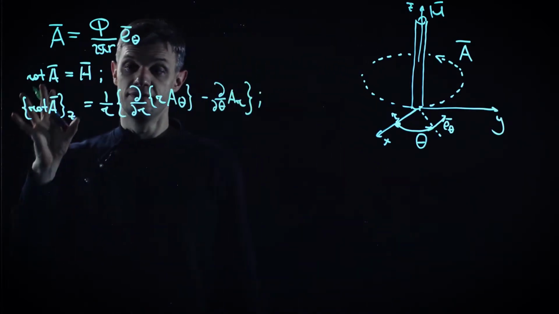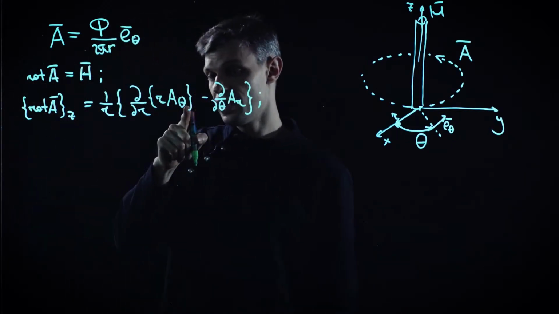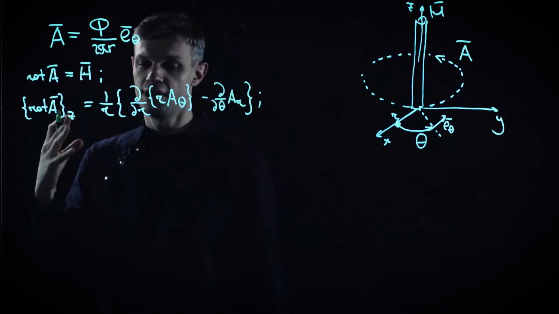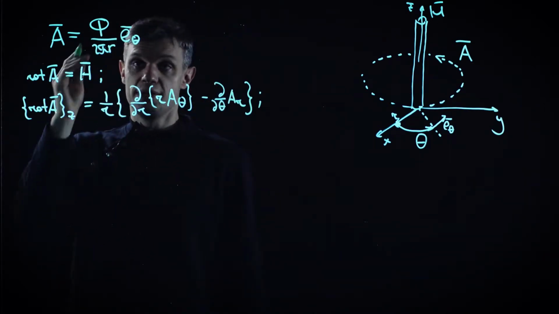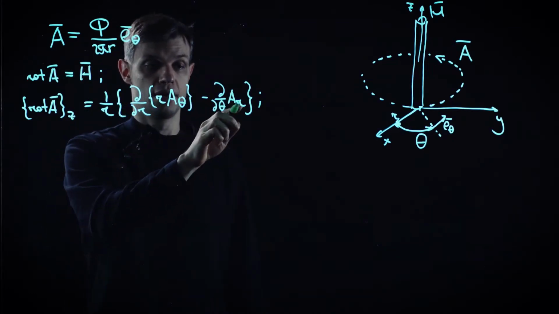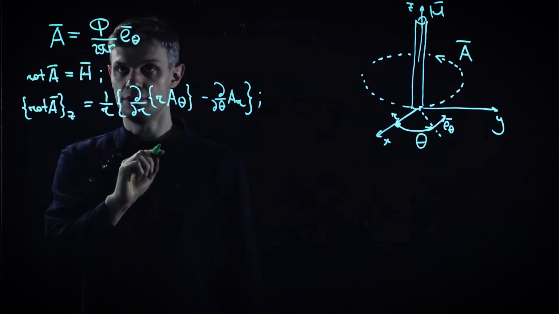In fact, the very derivation of this formula assumes implicitly that the function should be a differentiable function of r and theta. So we see that there is no r component, only a theta component.